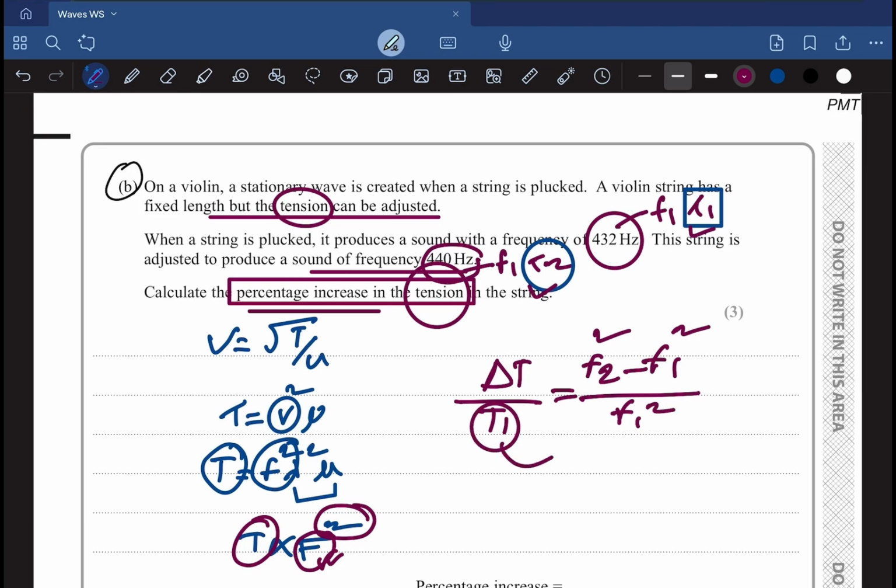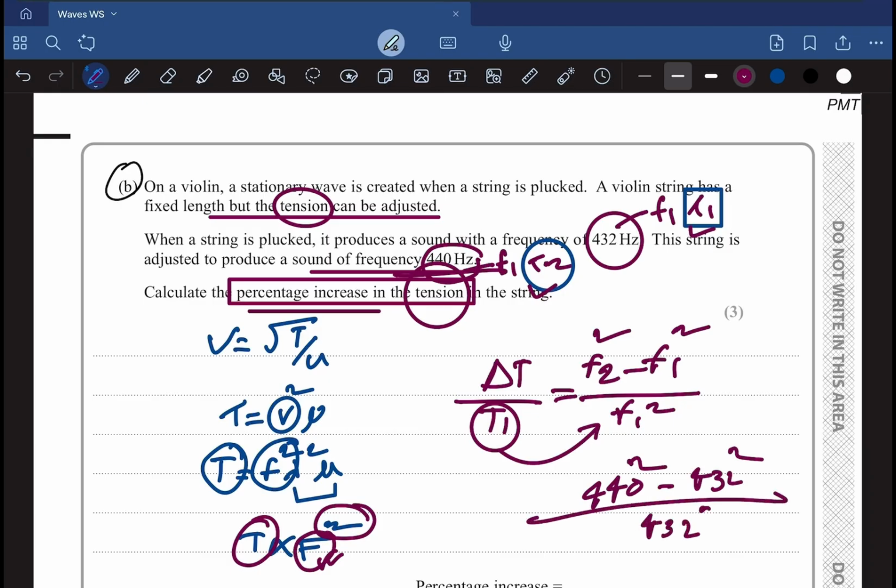For tension 1 it is F1. Now we know F2 is 440, minus 432 squared, divided by F1 squared, which is 432 squared. So our percentage increase will be 3.73%. Hopefully you have understood this math as well. It was another variation of maths in the waves chapter.